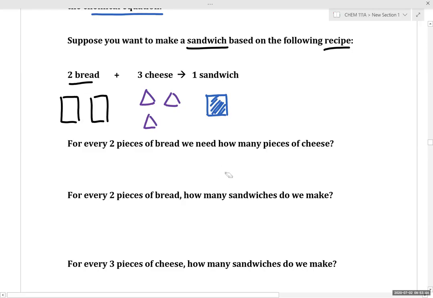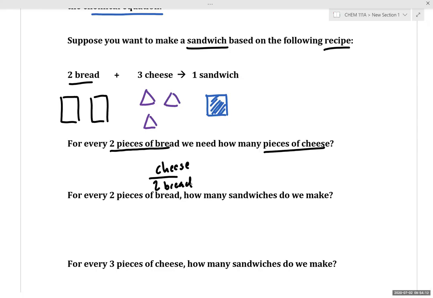Okay, so let's try to generate some relationships between each of our ingredients. So for example, for every 2 pieces of bread, how many pieces of cheese do we need? What is our cheese to bread ratio?